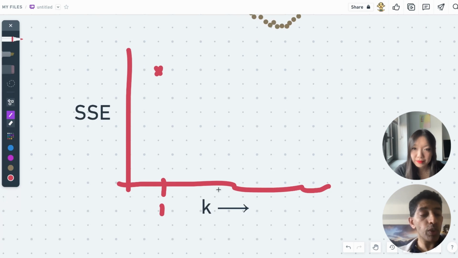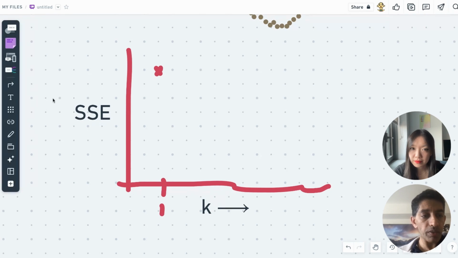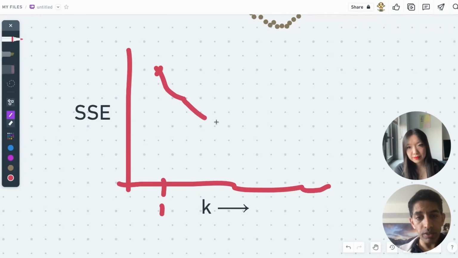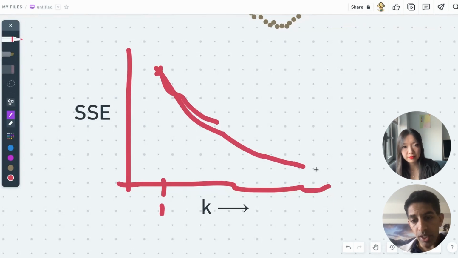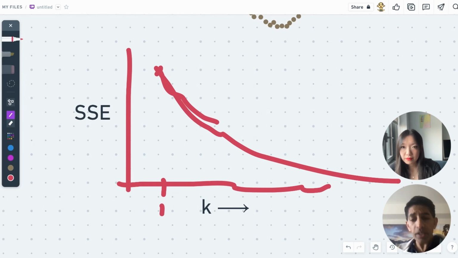And in fact, if one were to sit down and plot these out for most non-pathological situations, one would see a curve like this, where the sum of squared errors would gradually go down, eventually to zero if we run it sufficiently long. That is, when the K number matches the number of data points, the SSE goes to zero, and we would get a curve like this.